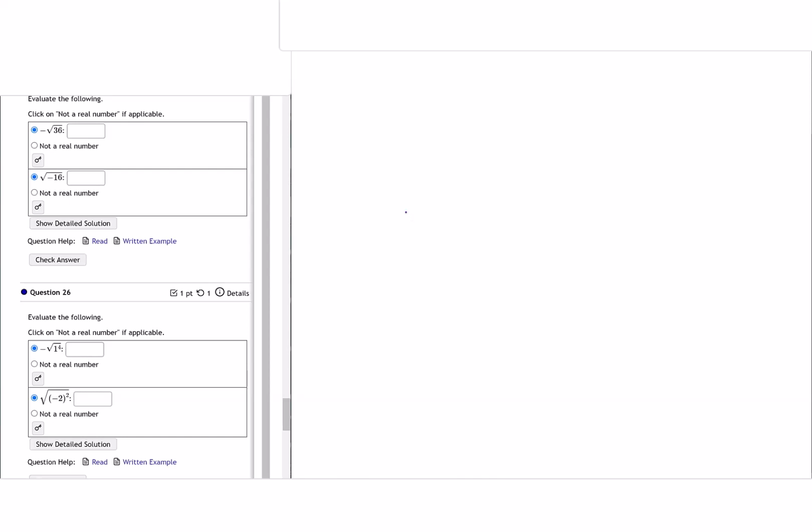Evaluate the following. I have negative the square root of 36. And if you know that 6 times 6 is 36, you're done. If you don't, we'll do a factor tree. 36 is 2 times 18. 18 is 2 times 9. And 9 is 3 times 3, which makes 36 equal to 2 times 2 times 3 times 3.